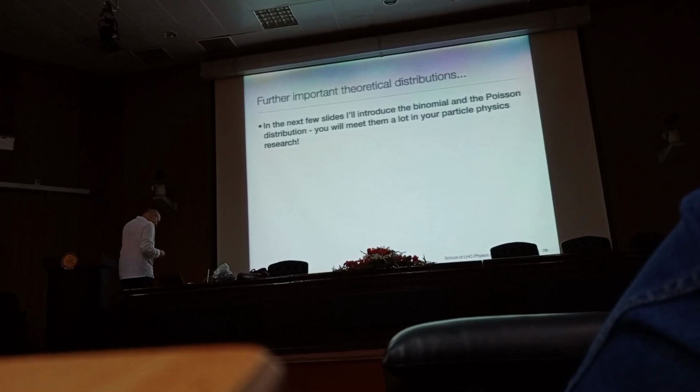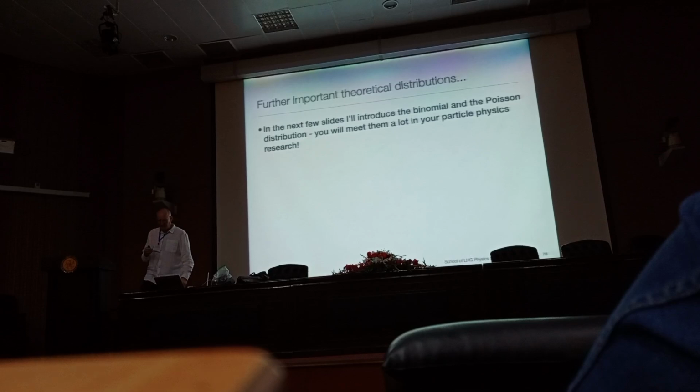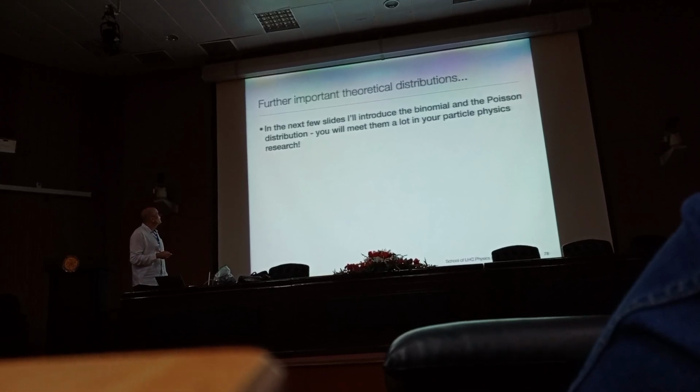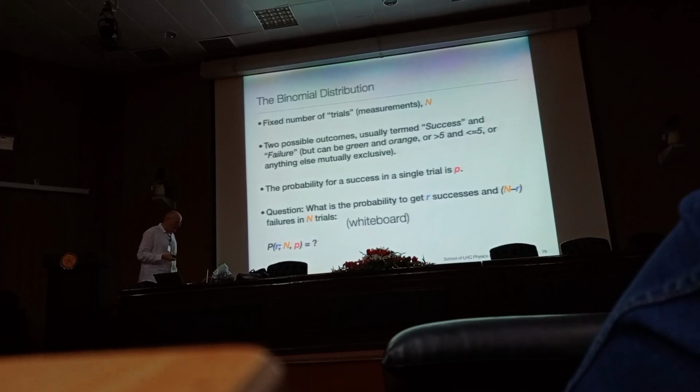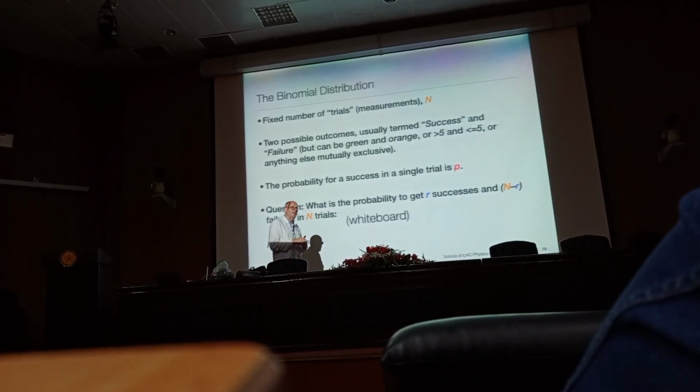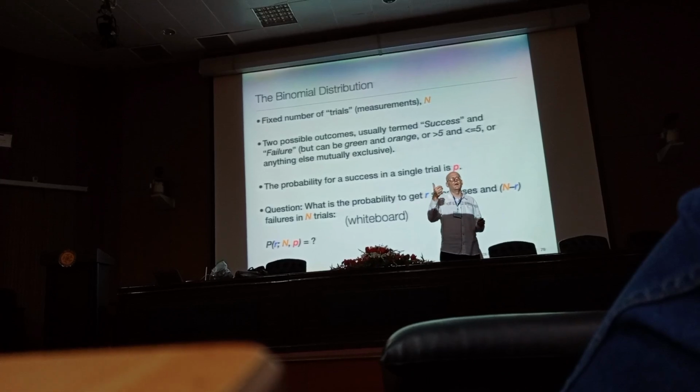The first one is actually not that frequent, but it's the introduction that we need for the second one. It's a binomial. The idea behind a binomial is you have a fixed number of trials. So you try something out a fixed number of times, so you toss a coin maybe 5 times.